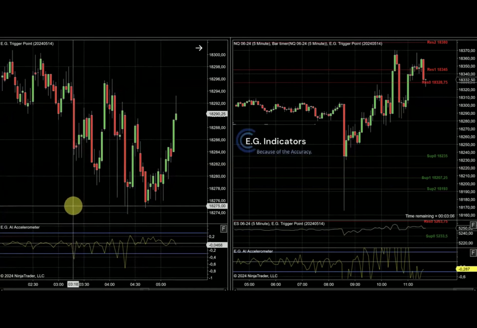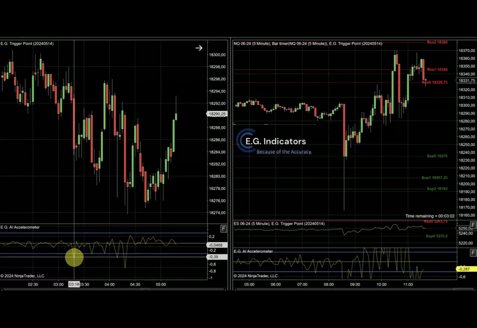So we can see something happened here. The accelerometer made some movement, and it's actually correlated with this large candle. It was just 15 minutes after the opening of the London session.